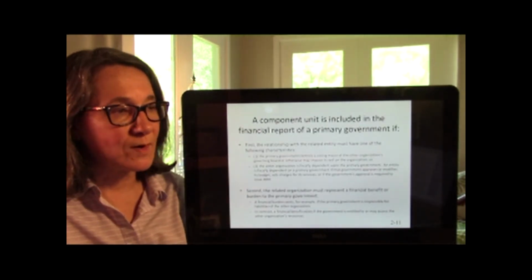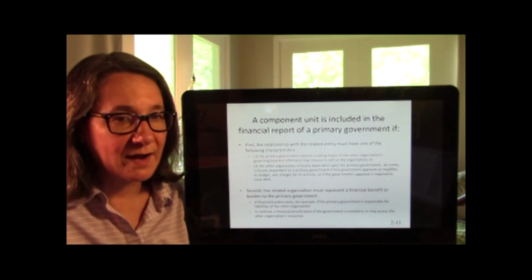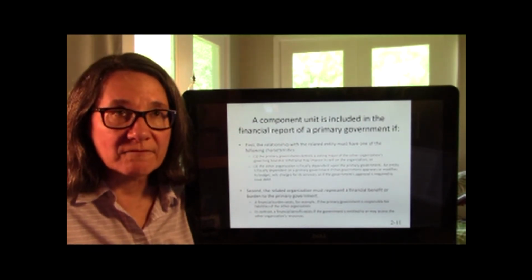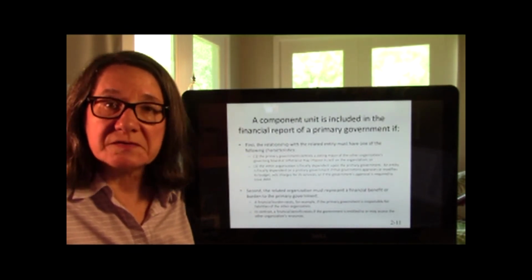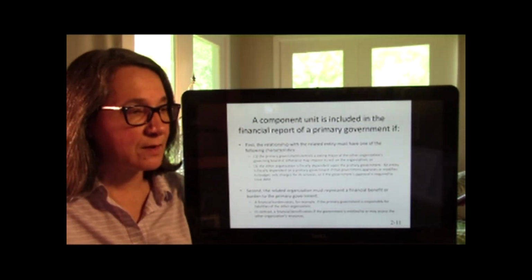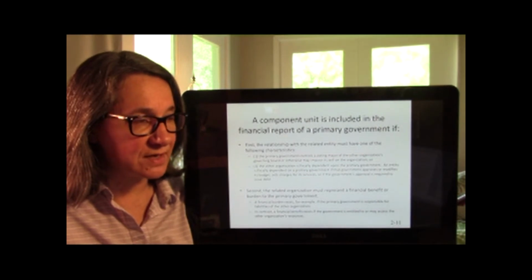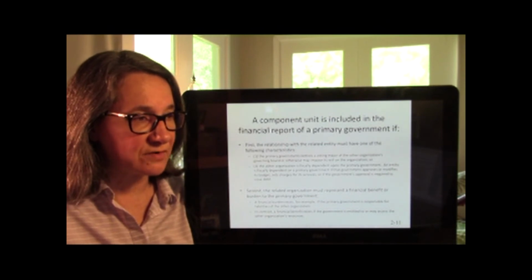All right, so what makes something a component unit? Why is Texas A&M Kingsville part of the A&M system, and why is the A&M system part of the state of Texas? Well, there should be some kind of relationship. The primary government controls the other organization's governing board.